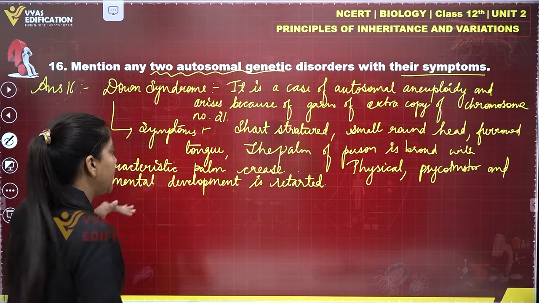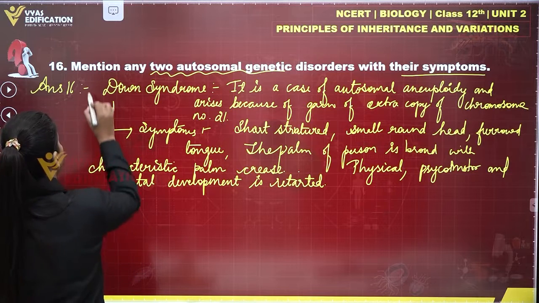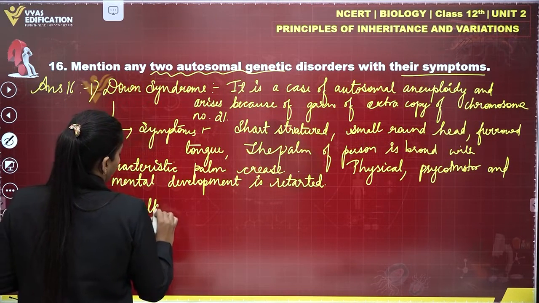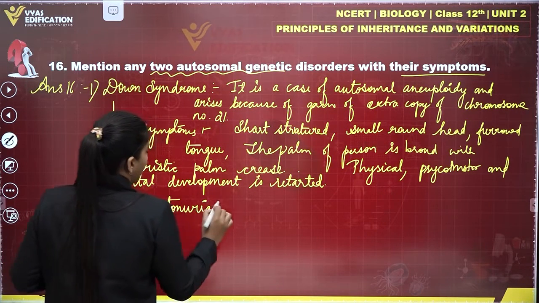The next autosomal genetic disorder we are talking about is phenylketonuria. This is the second and that was the first. Now what happens in this?